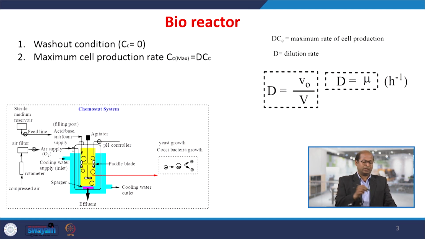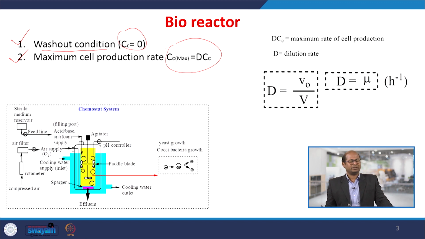Number one is the washout condition, when the cell concentration is 0 and the cell production rate is at its maximum, with C_C max being the maximum concentration of cells inside the reactor. If we control the volumetric flow rate or feed rate in continuous mode, how do we control that?